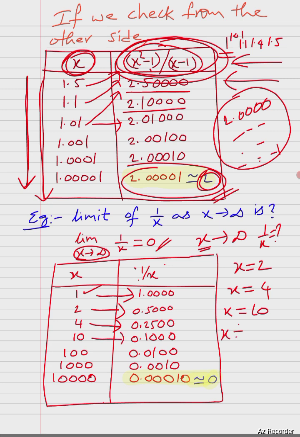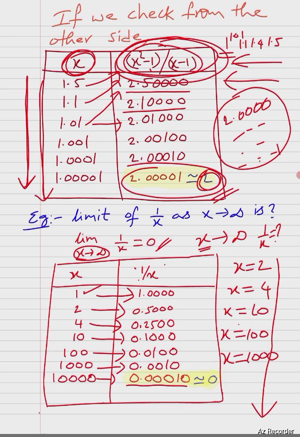So here I am increasing the x value towards infinity. Now take x value 100, now 1 by x is 0.01. Now take x value 1000, 1 by x is 0.001. Now take 10,000, it becomes 0.0001.